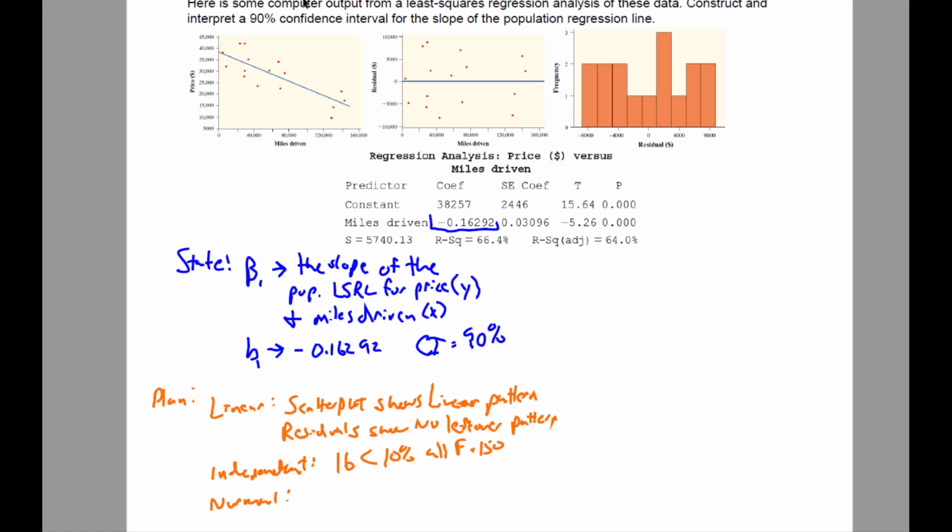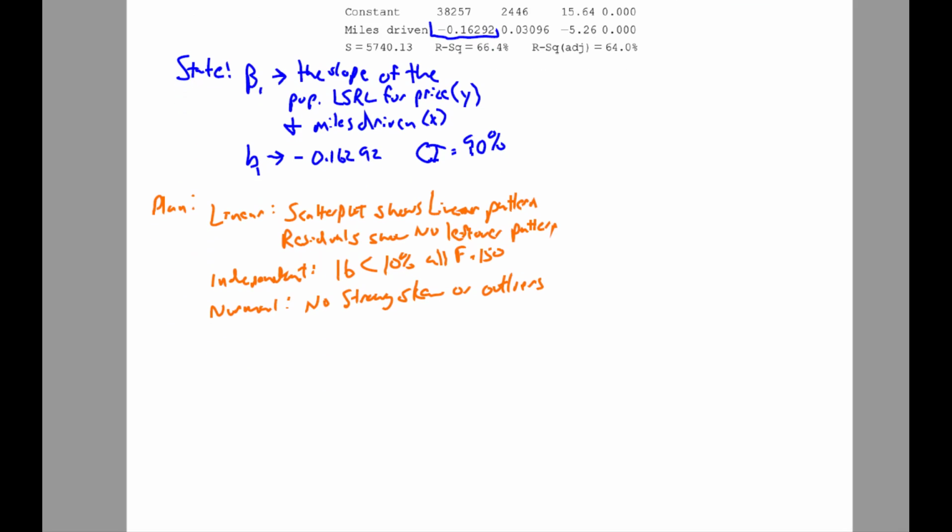And there is no strong skew. It looks like a pretty symmetrical setup there, unimodal. So with that, all we're going to say is no strong skew or outliers. So again, no strong skew or outliers listed for the normal.